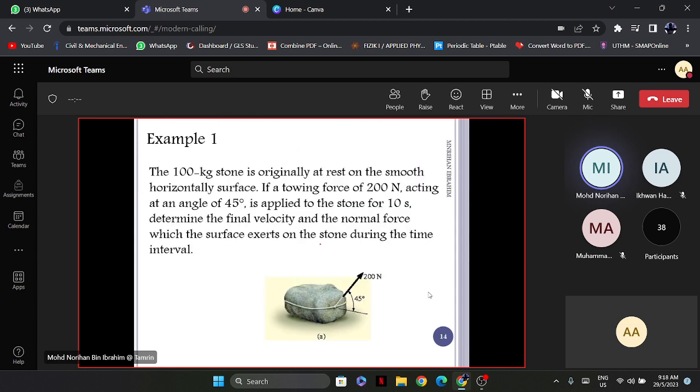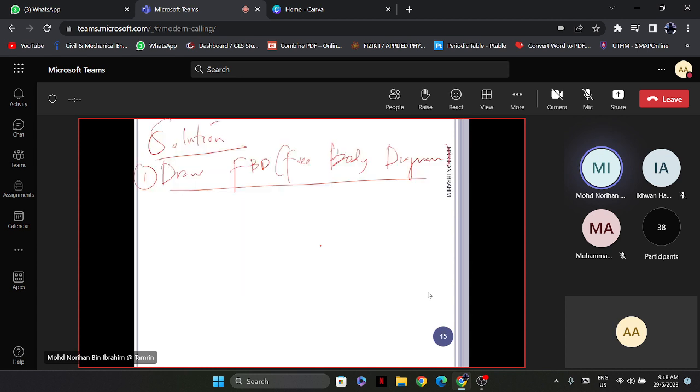So we have this stone, and the mass of the stone is equal to 100 kilograms. So W is equal to mg, 100 times 9.81.